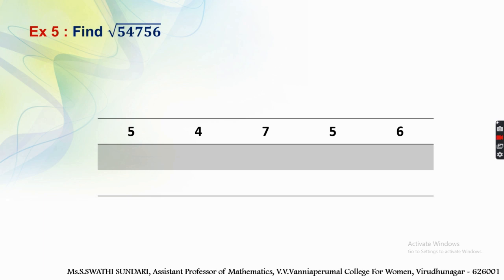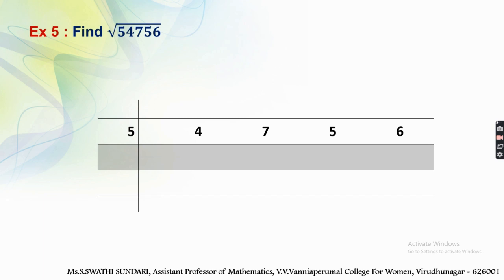Form groups of two digits from right to left. Here we get three groups that are 5, 47 and 56. Separate the left group 5 by a vertical line. Leave one space for writing remainders and draw a horizontal line as in the straight division. Draw a vertical line at the left side of the number to write the divisor.